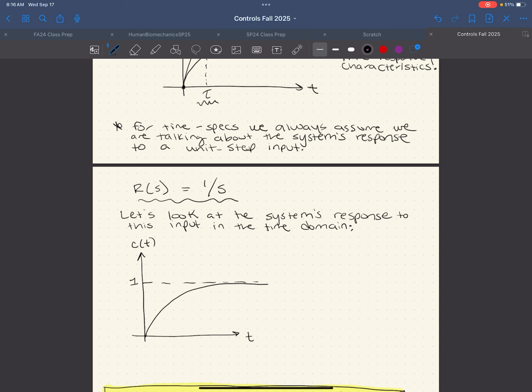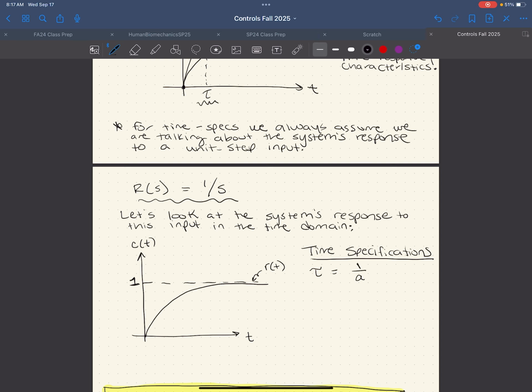Okay, so we're again looking at a unit step input here. This 1 was our input, that was our unit step input. And we said the time specs are all a function of this time constant tau, which is 1 over a.